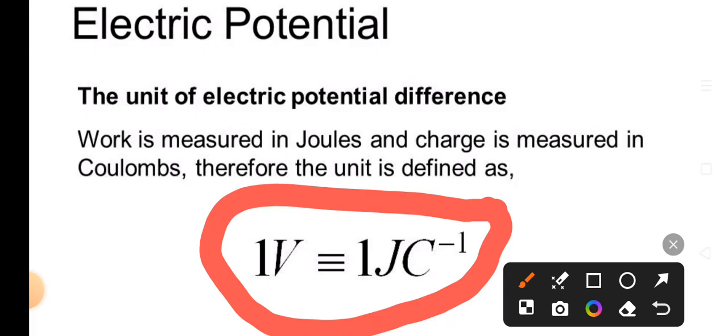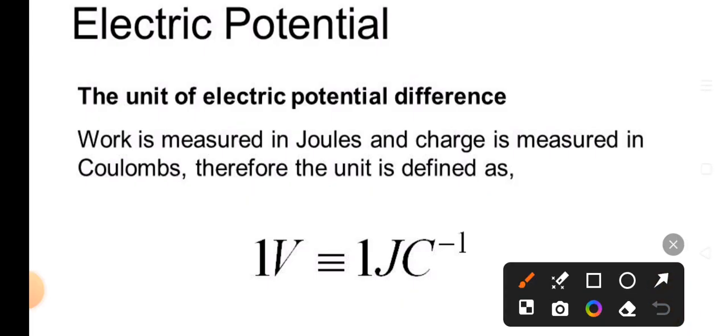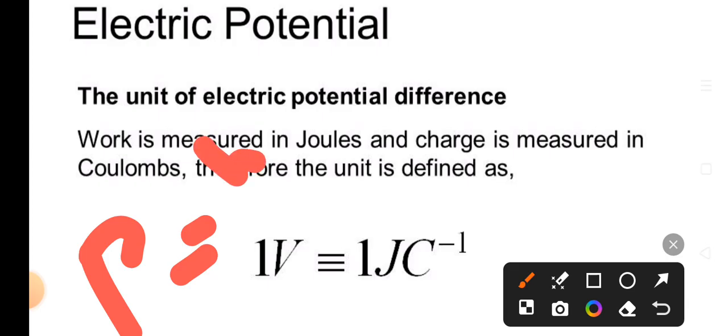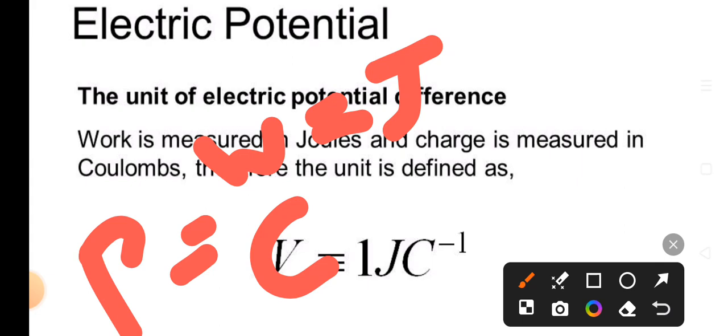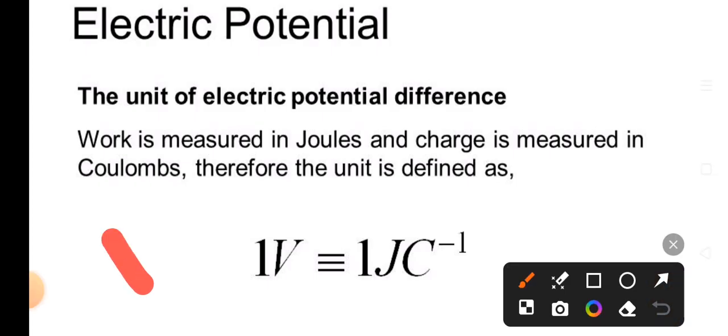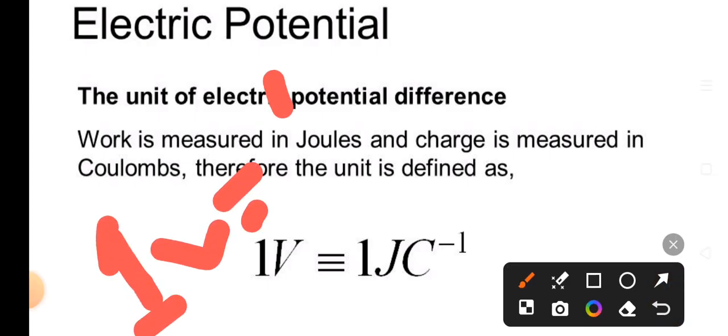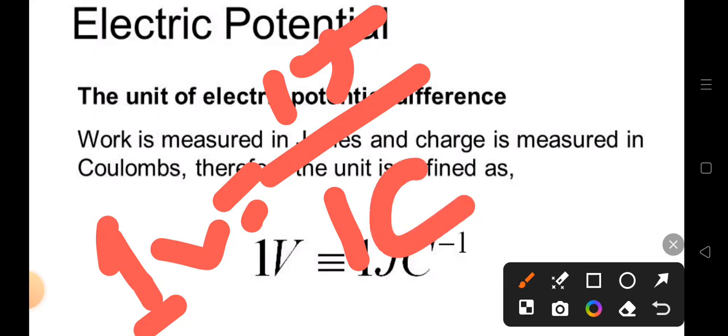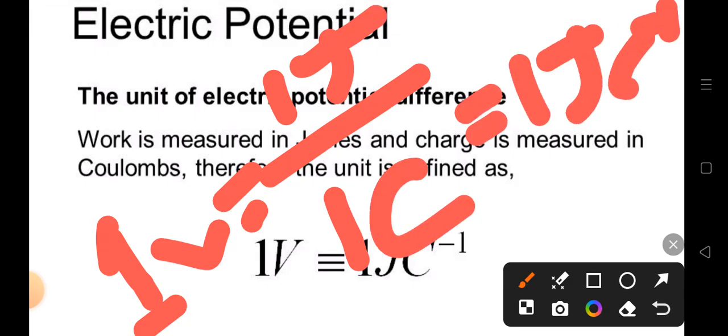So potential is equal to work, measured in joules, upon charge, measured in coulombs. So 1 volt is equal to 1 joule upon 1 coulomb, which is equal to 1 joule into coulomb inverse.